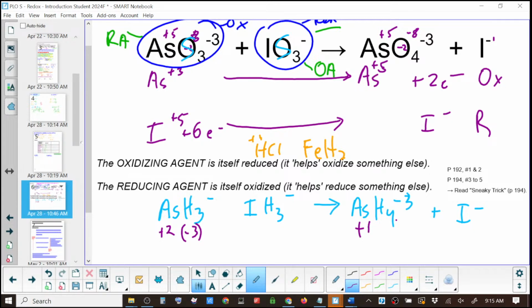It went from +2 to +1, so it went down in charge. And if it goes down in charge, then this is the reduction, the oxidizing agent. But what I don't know is, because I just substituted, if they both go down in charge, this reaction is impossible. So we're going to find out. What is the charge on iodine here?